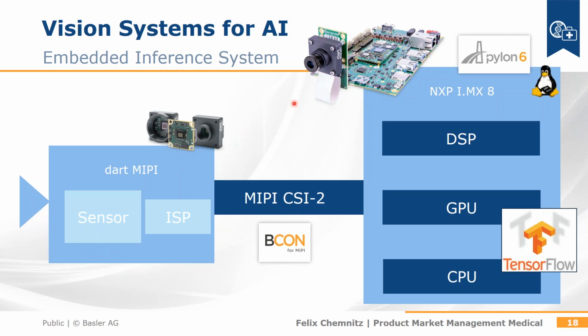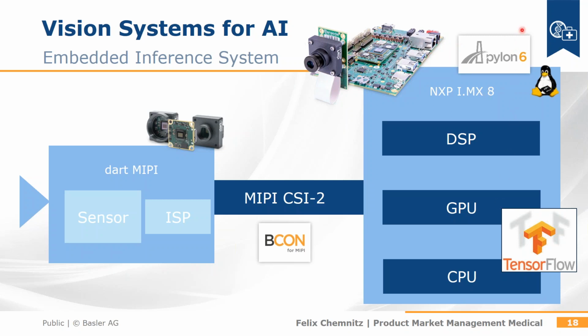After you transferred the image via the MIPI CSI2 interface, it will be processed by the digital signal processor and then fed into, let's say, the GPU or the CPU.